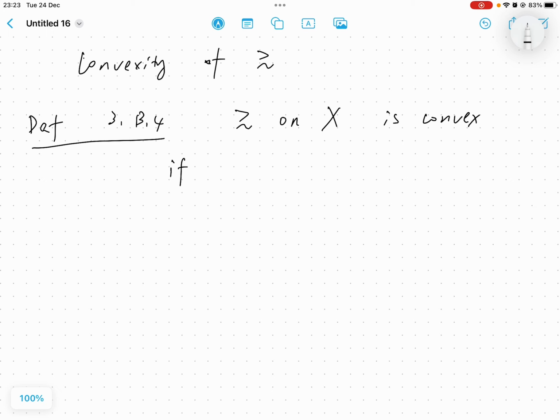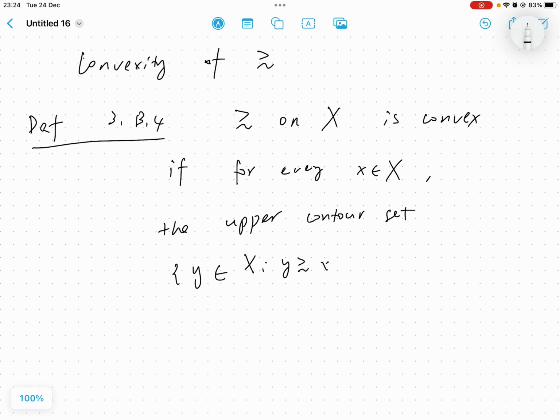It is convex if for every element in X, the upper contour set that we defined in the previous video is the set including the elements which are at least as good as x. It will be to the up and right of that indifference curve.